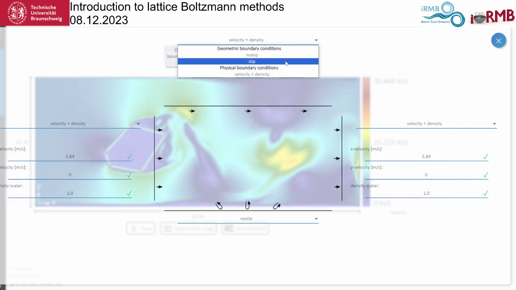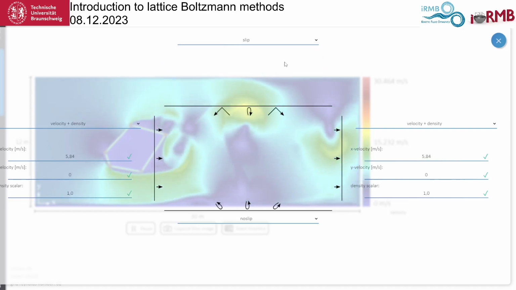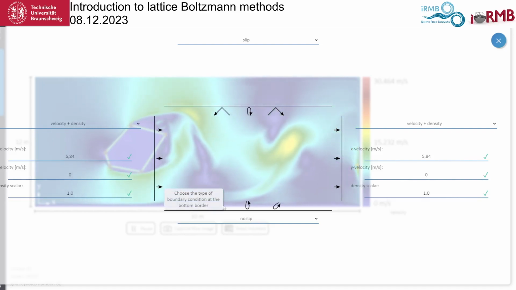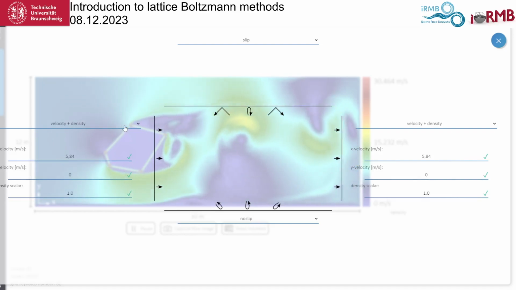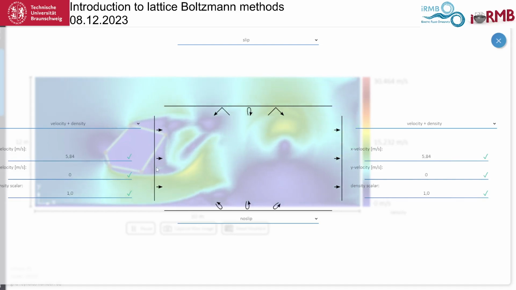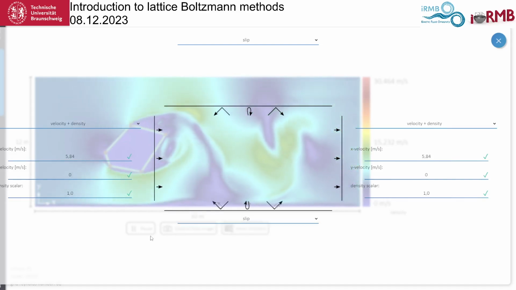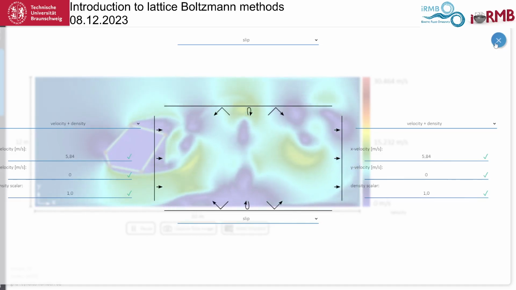Here at the top we could also have something like slip. Down here we have no slip. The no slip is the same thing as we have on the surface of our body here. We can also put slip here, then I'll have it kind of symmetric.